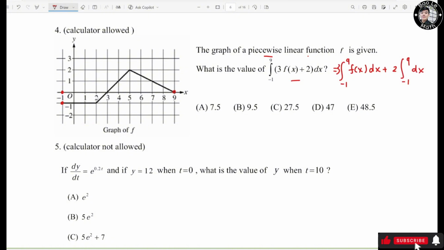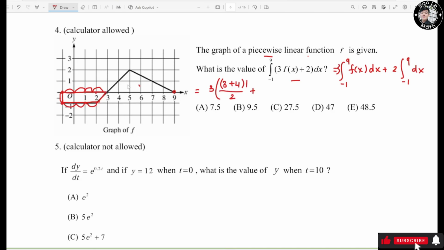So we need to calculate the area of this trapezoid, and the area of the right triangle right here, right? So it's going to be base 1 is 1, 2, 3. Base 2 is 1, 2, 3, 4, right? So 3 plus 4 times the height, which is 1 right here, divided by 2.